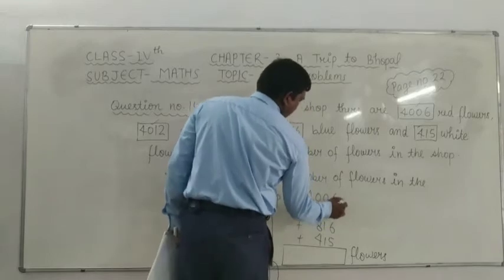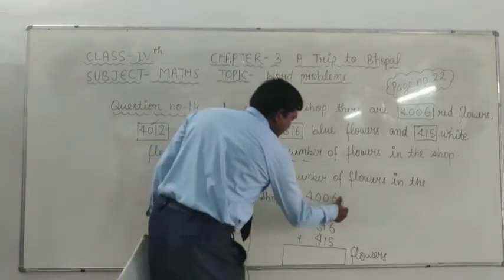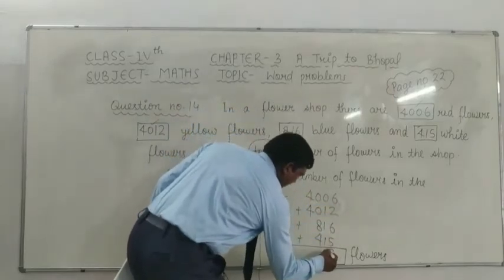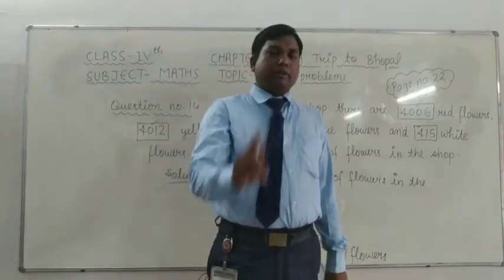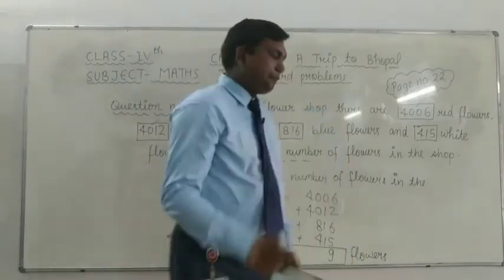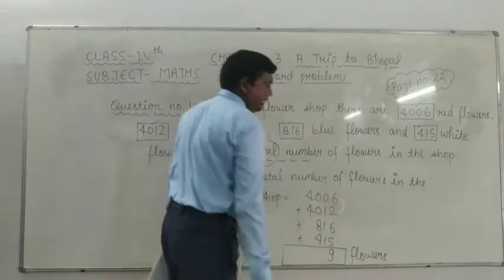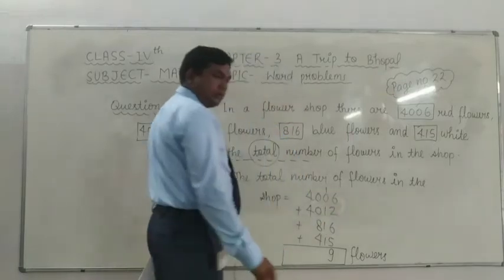Look, 6 plus 2 is 8, 8 plus 6 is 14, 14 plus 5 is 19, 9 carry 1. Dear students, please keep in mind, after adding this place we get carry 1, and here we can write 1 carry.